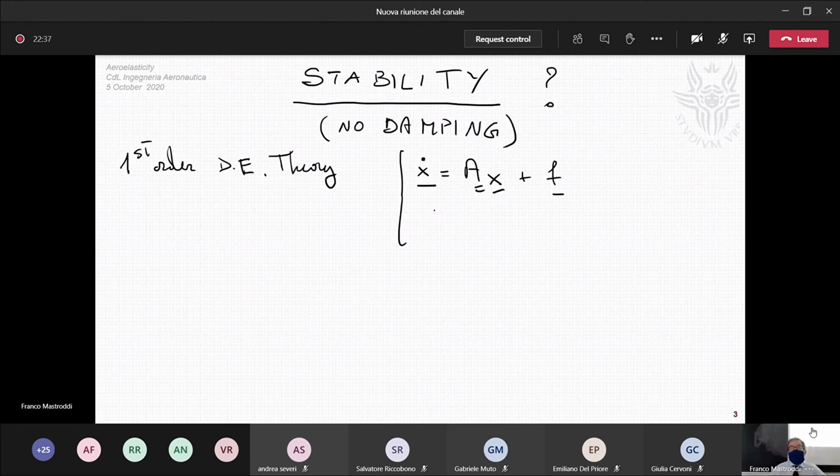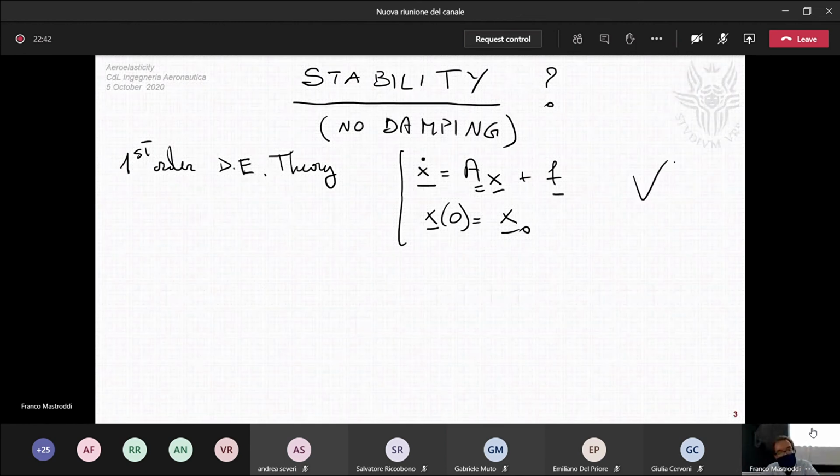This is standard. And how can you study the stability of this linear system? A very easy way is the following. You can consider two paths for having the same result. The first is the old calculus point of view.